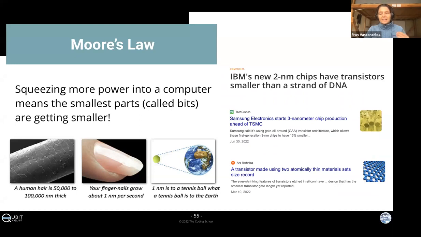This is insanely small. A human hair is 50,000 to 100,000 nanometers thick. So the transistors that your laptop runs on are several hundreds of thousand times smaller than even a strand of your hair, which is pretty wild and an incredible engineering feat.